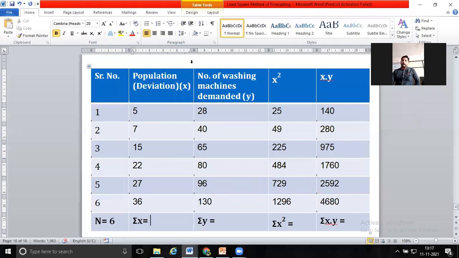I'm giving time to you to perform the calculations. Roll number 1, Samruddhi, are you there? Can you tell me the summation values?